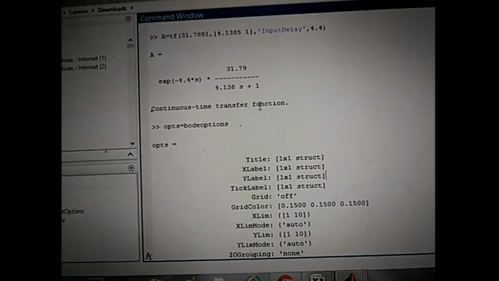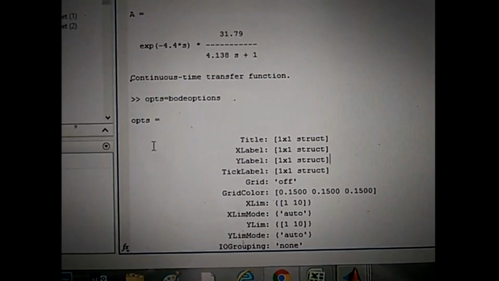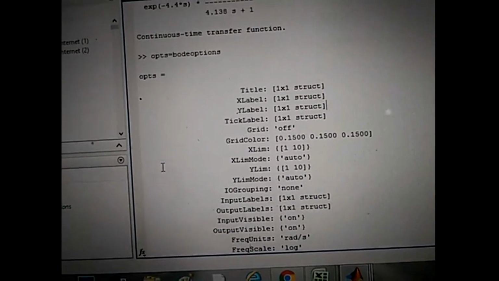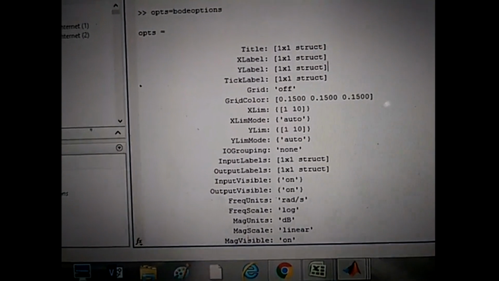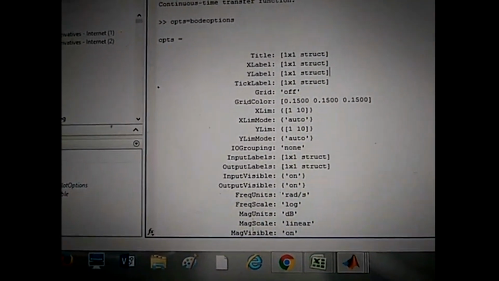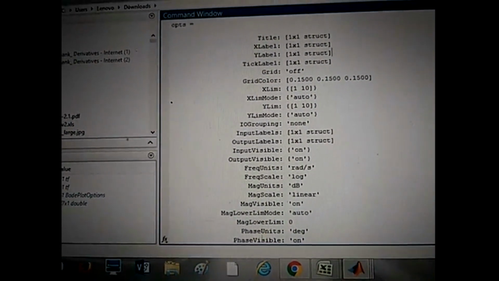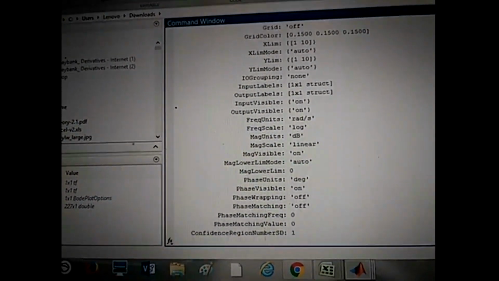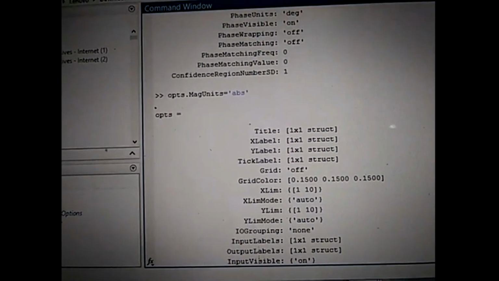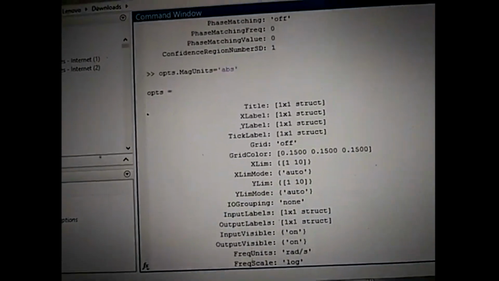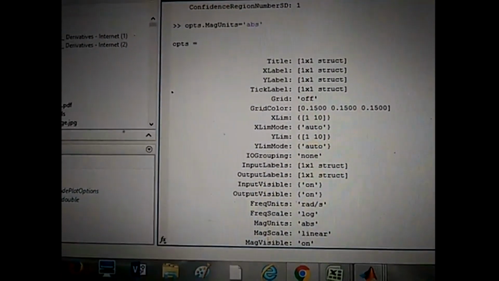So next, we will type OPTS equal to bodeoptions. Scroll down. So the code will be like this. Okay, next we input OPTS dot MagUnits equal to abs, and PhaseUnits equal to degrees, and then it will look like this.